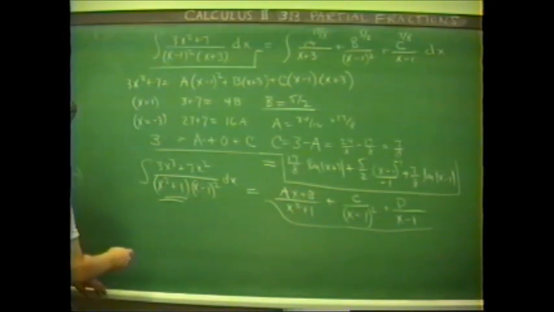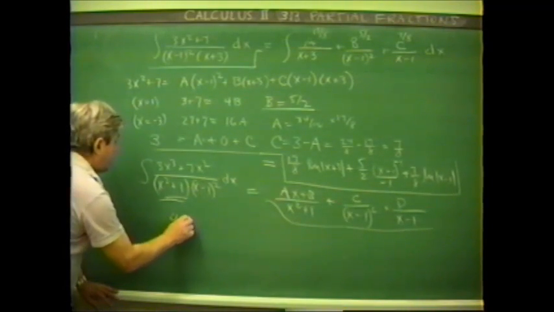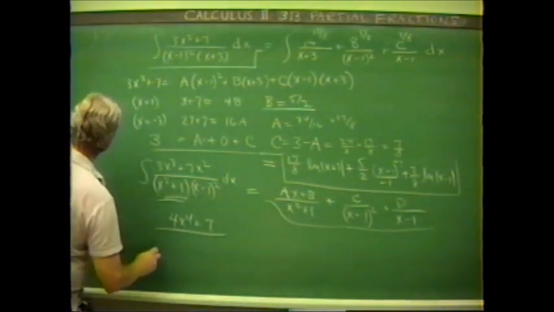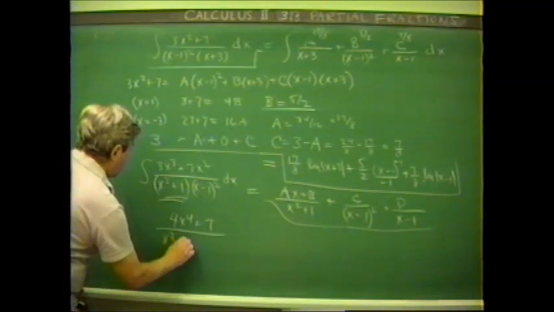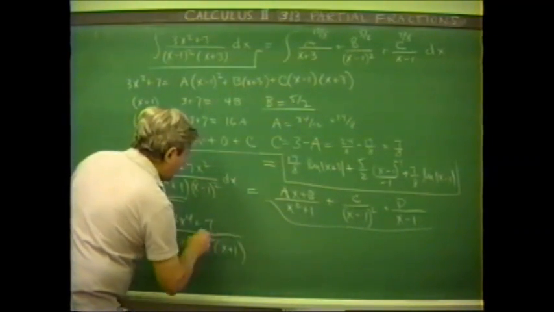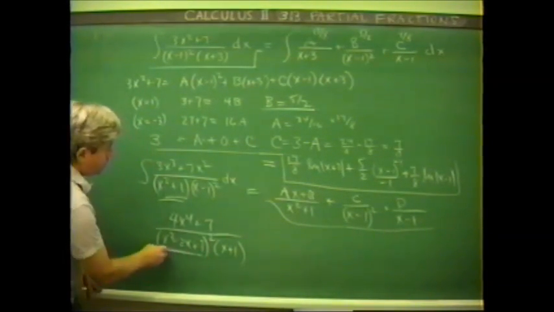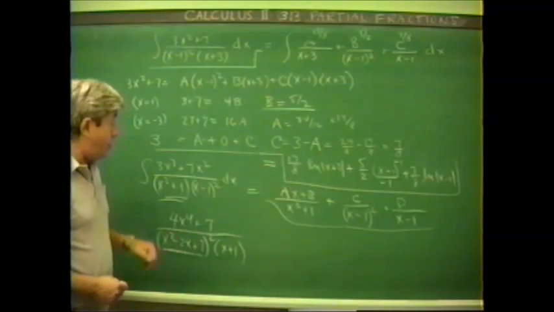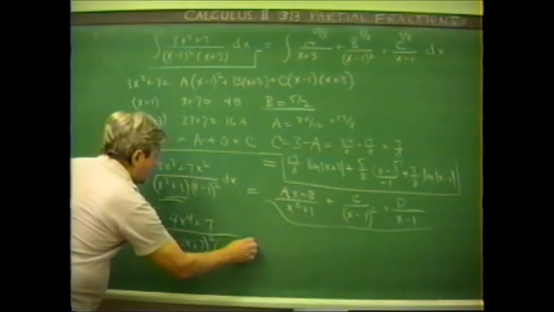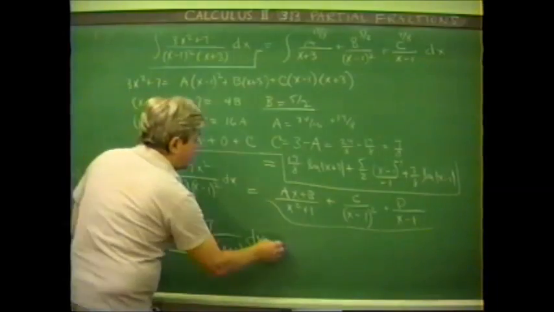Right? If you had something like (4x to the 4th plus 7) over (x squared minus 2x plus 7) squared, let's say, times (x plus 1). Now you've got a polynomial here of degree 2 that can't be factored, but you've got it to a power. Right? The algebra theorem says this.